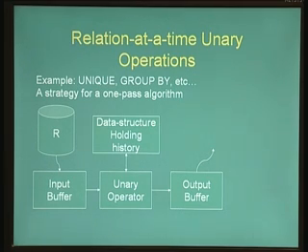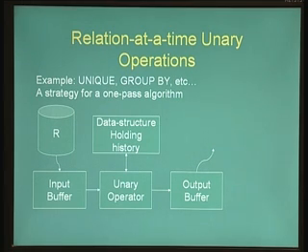So the general one pass algorithmic strategy for relation at a time unary operators is shown in the figure in the slide here. R is the now familiar table scan iterator which returns to us tuple after tuple which goes into the input buffer.